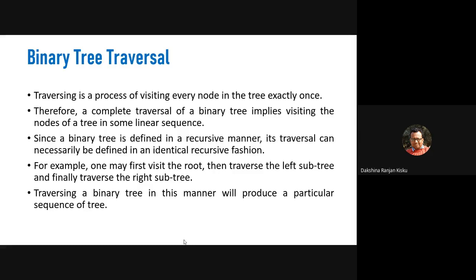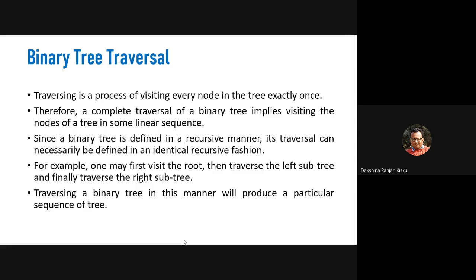So in this way we could have six linear sequences, but we want to restrict the traversal by imposing the rule that we will visit the left subtree before the right subtree, whatever the position of the root node. We want to restrict to this rule and make the tree traversal in the binary tree.